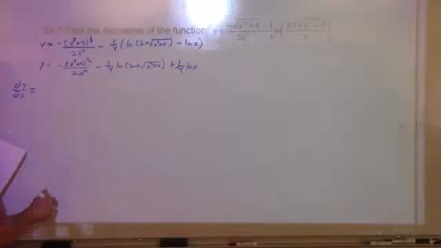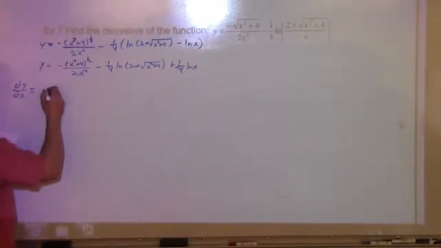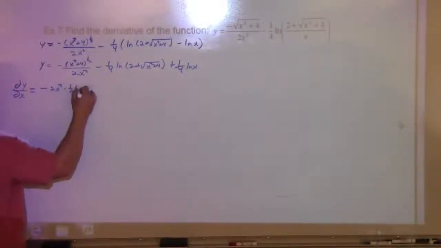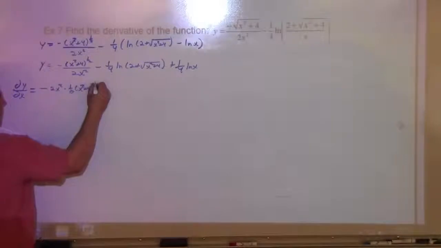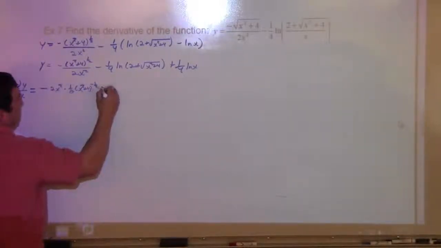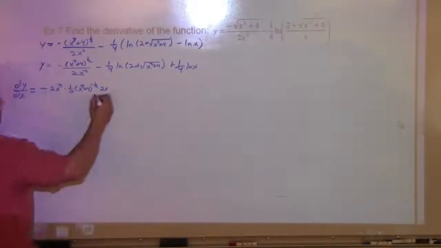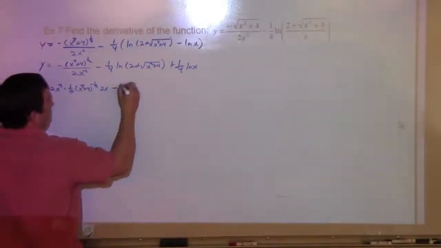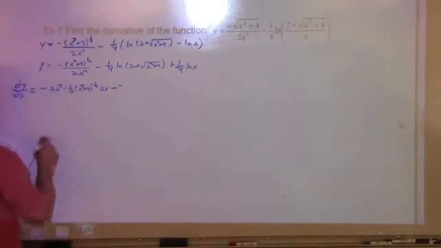So dy dx is going to be, do low d high, this negative here, negative of 2x squared times 1/2 times x squared plus 4 to the negative 1/2 times 2x minus, that's low d high minus high, which is negative, I got the negative out front already.